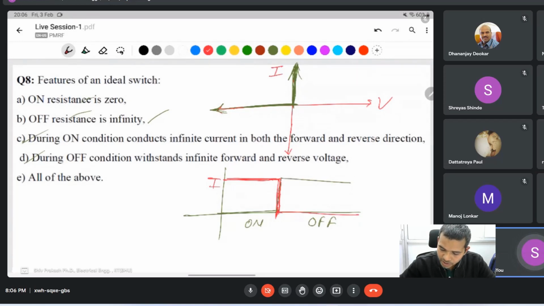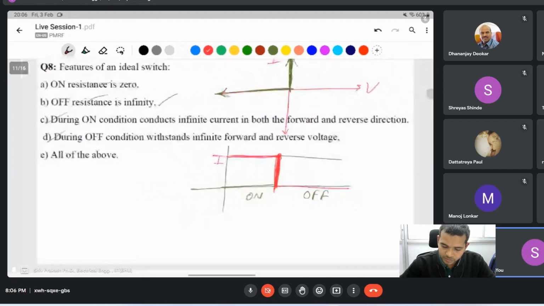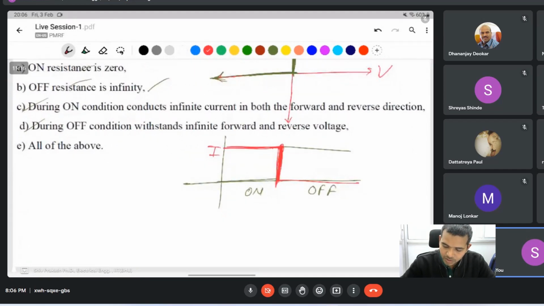The transition duration is 0, with no delay of current and voltage. This is in ideal cases, but it is not possible in practical cases.